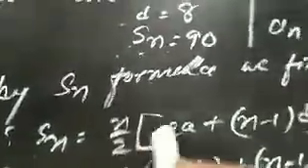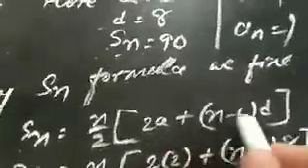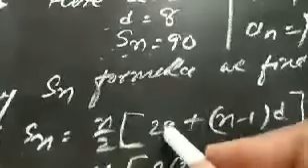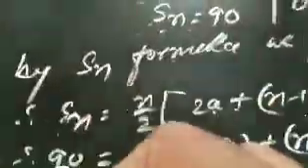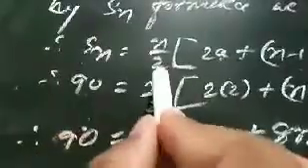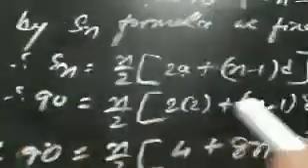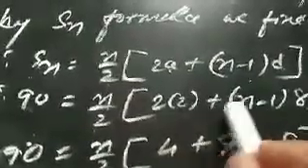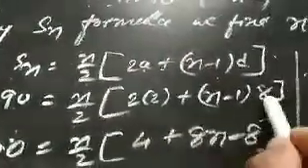The Sn formula, as you know, is n by 2 into bracket 2a plus bracket n minus 1 d. We have a and d, and Sn also, so we can find n. Here Sn is equal to 90, is equal to n upon 2 into 2 multiplied by the a value 2, plus bracket n minus 1 into the d value 8.